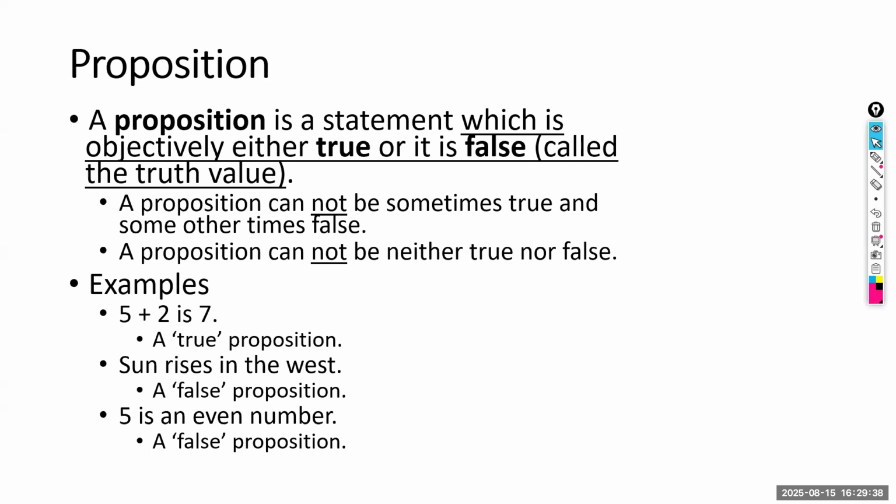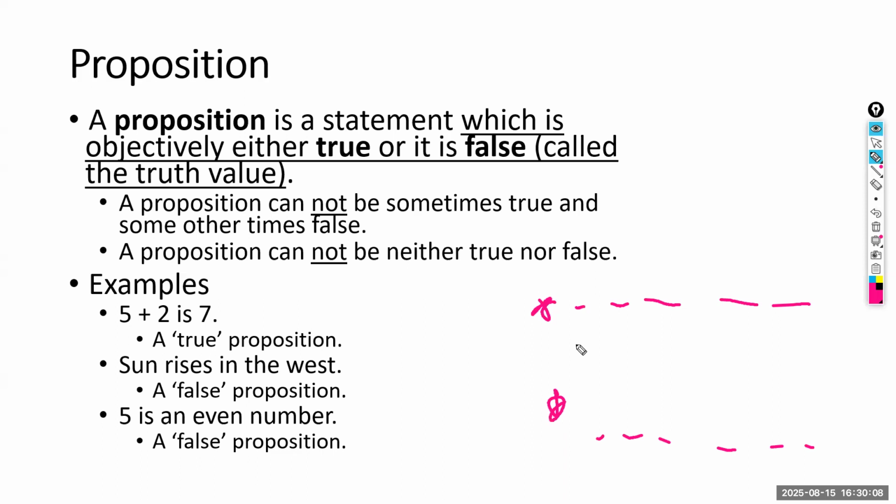Is it clear? Now you must be able to give some examples of propositional statements and some examples of statements that are not propositions. If there's a statement which you can say 100% is true, or 100% is false, it's a proposition. For example, I can say the sun rises in the east.